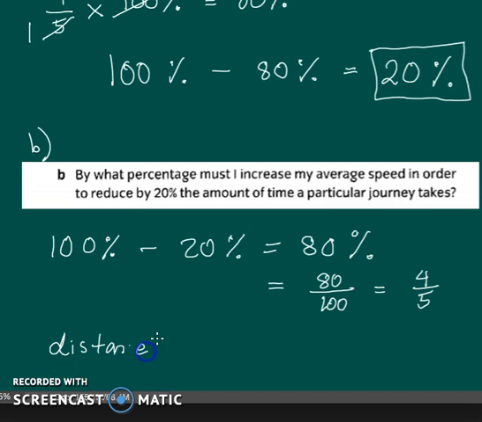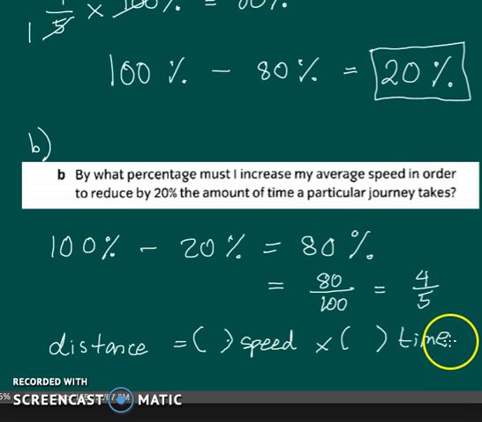Distance is equal to speed multiplied by some fraction of the time. So we have done something to the time. We have reduced our time to 4/5 of what it took originally. And so now our speed is going to have to be the reciprocal of 4/5, which is 5/4.